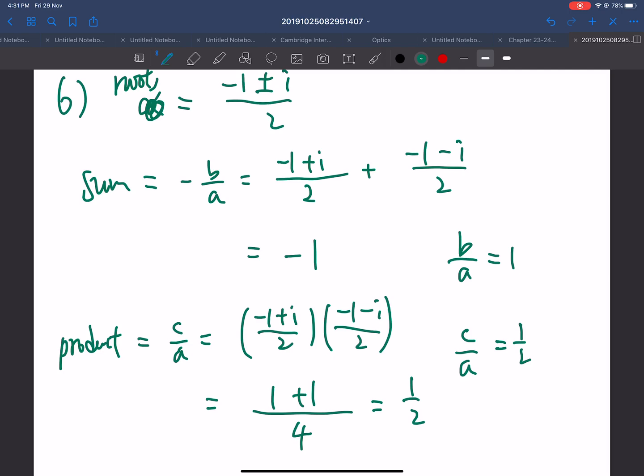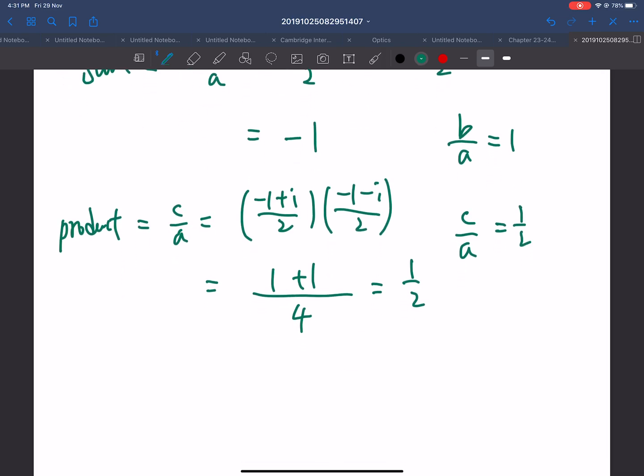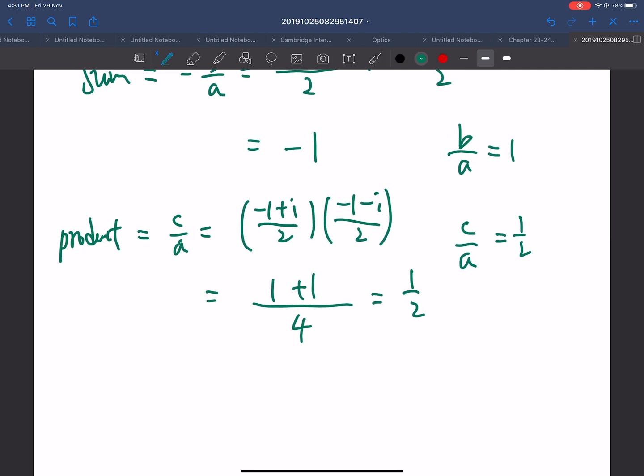Okay? Can it? So now, if we let A be 1, then B will be 1 also, but C will be 1/2. It will not be an integer. So what should we let for A? 2.